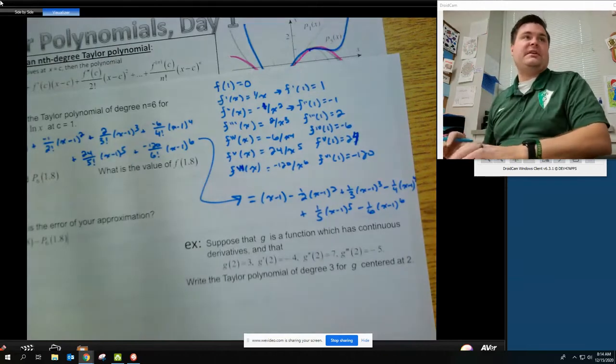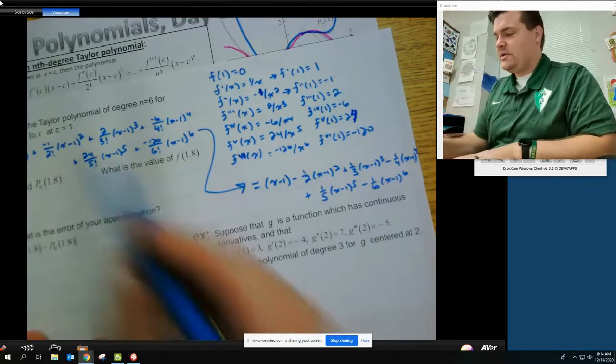I'm just double checking my work. So it's the same polynomial right there. I'm just simplifying it for you because if this was multiple choice, this would be the correct answer.